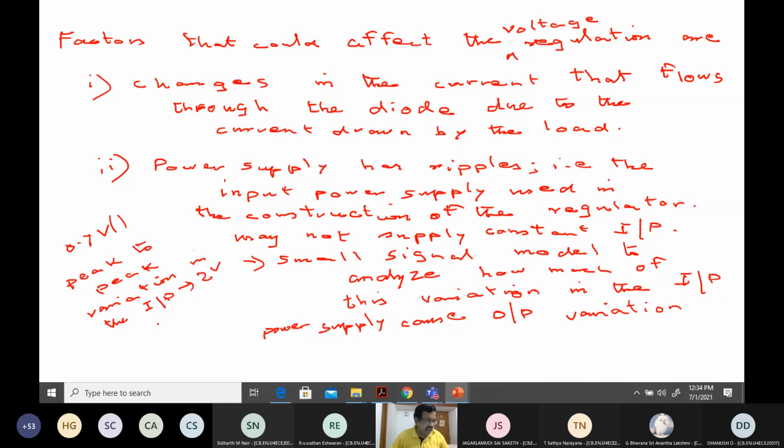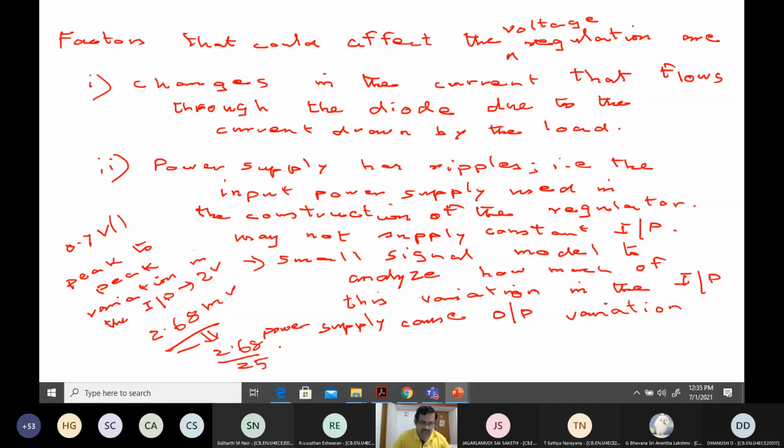That resulted in a variation of 2.68 millivolt. Compare that with the 0.7 volt, that is too small. And if you look at 2.68 divided by VT, the thermal voltage at room temperature, 25 millivolt, it is only about 10%, or much less than that.